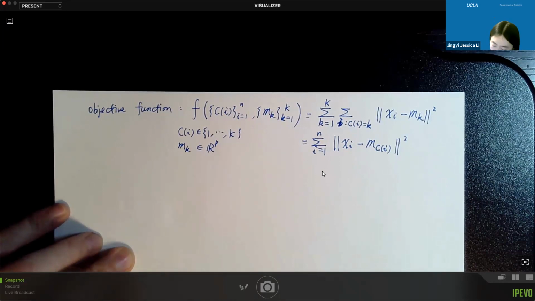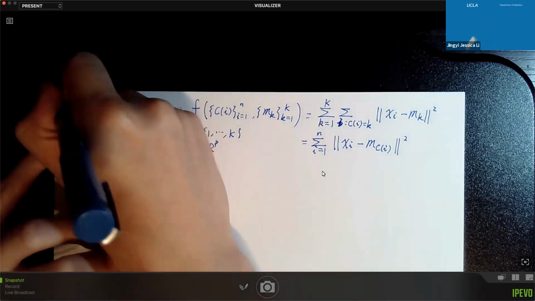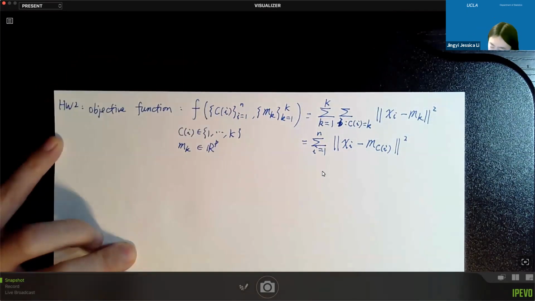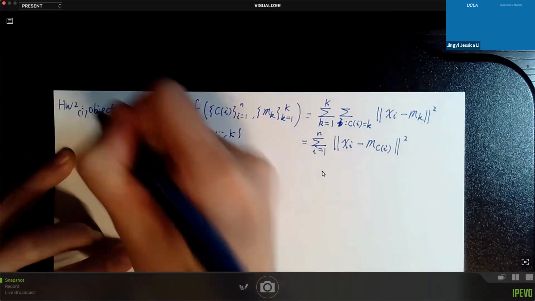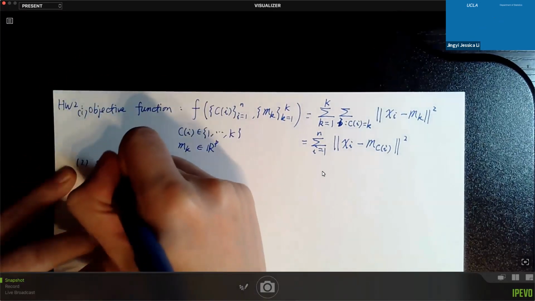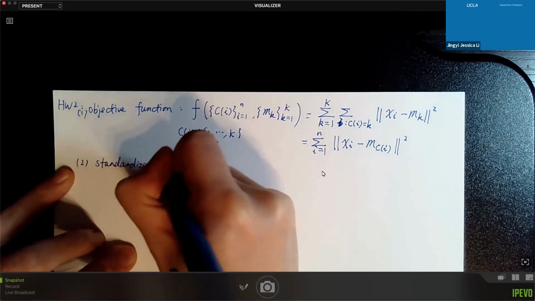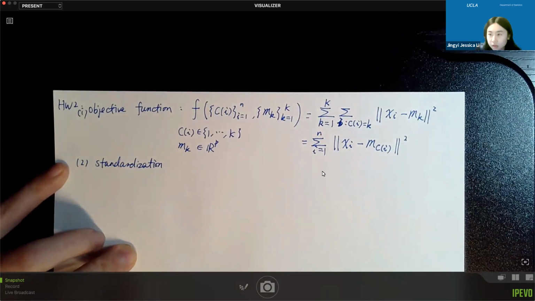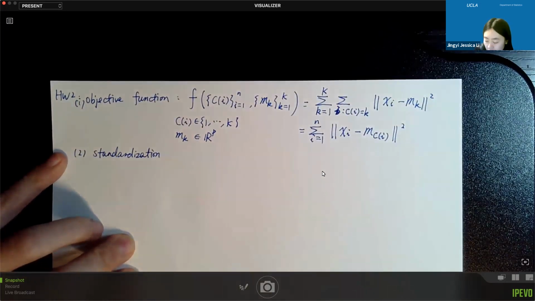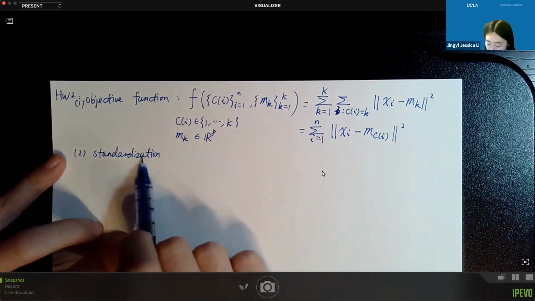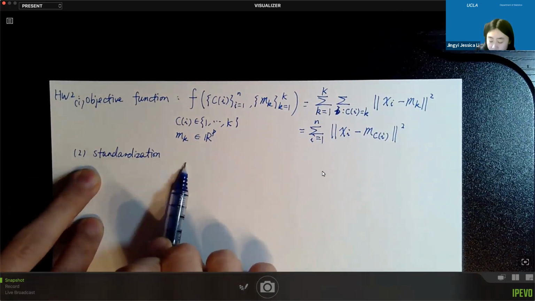And the second question regarding homework 2, okay, I'm going to put here. The second question is regarding the standardization, whether or not you will need it before you do clustering. So this is something we are going to talk about in more detail when we introduce PCA. But for now, let me just give you some high-level idea.